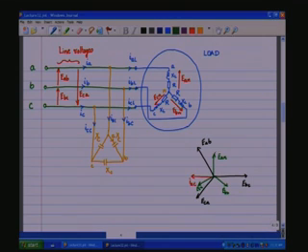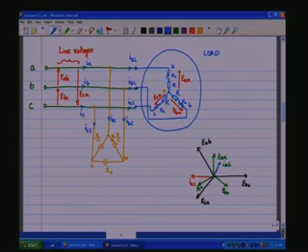Now, if everything had been resistive loads, IAL would have been along EAN, but now IAL is passing through a reactive network. So, IAL is going to lag EAN by some angle theta, and this would be IAL, and I will put that in a different color.